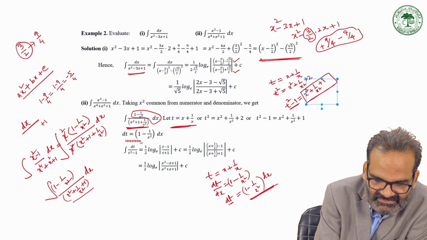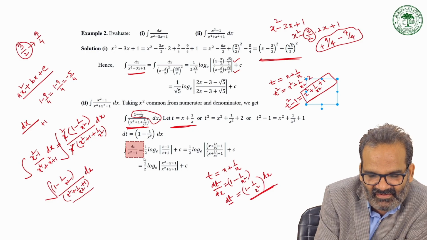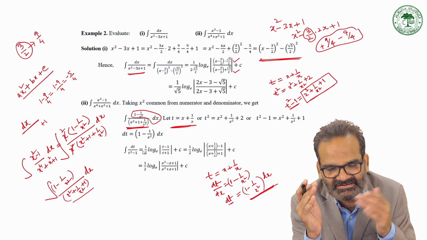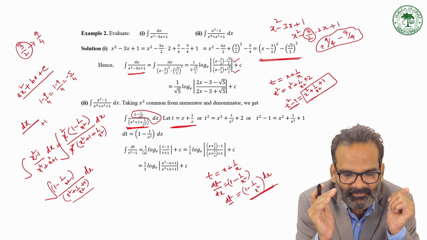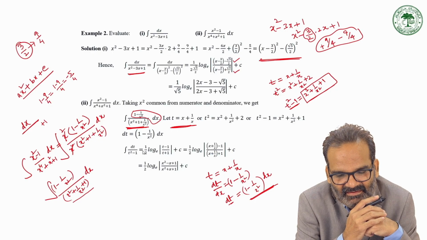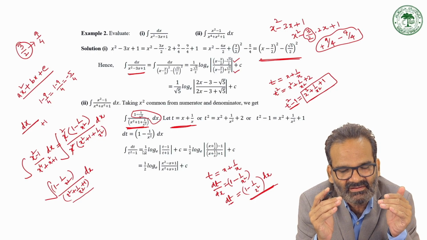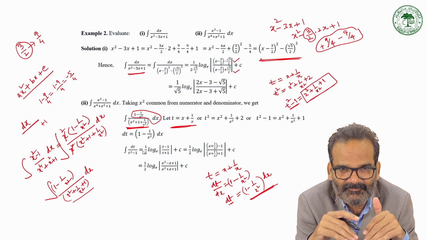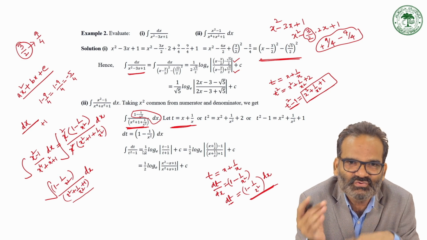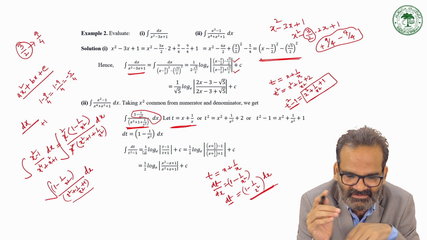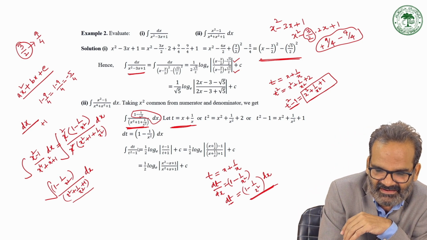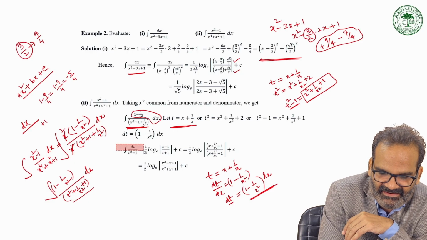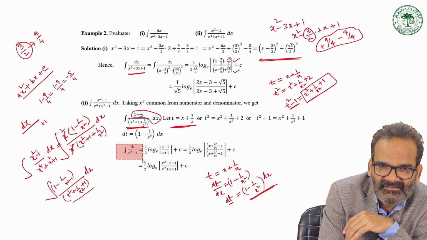We get dt upon t square minus 1. So our given integral, 1 minus 1 upon x square divided by x square plus 1 upon x square dx, has been transformed to a new function, that is dt divided by t square minus 1.